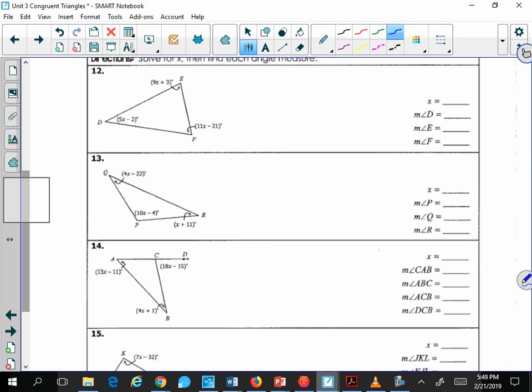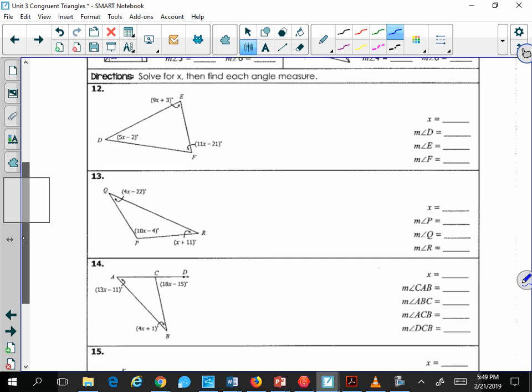So if I look at number 12, for example, they're giving me three different expressions to represent all of those angles in there. I know that all the angles in a triangle add up to 180 degrees.